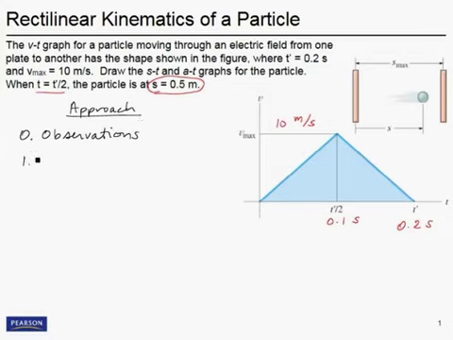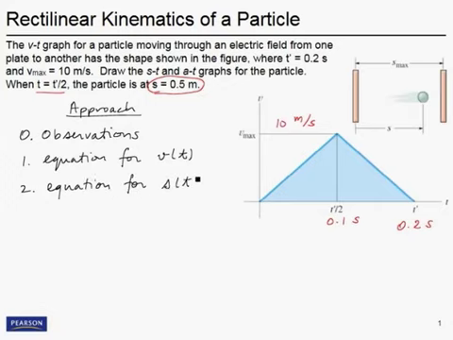We know that step 1 then is to consider the equation for Vt. We have a graphical version of it, but we don't have an equation which is written in terms of time t. And then once we have that equation, we're going to go ahead and derive an equation for s as a function of t. And from that equation, we are going to be able to draw the st graph.